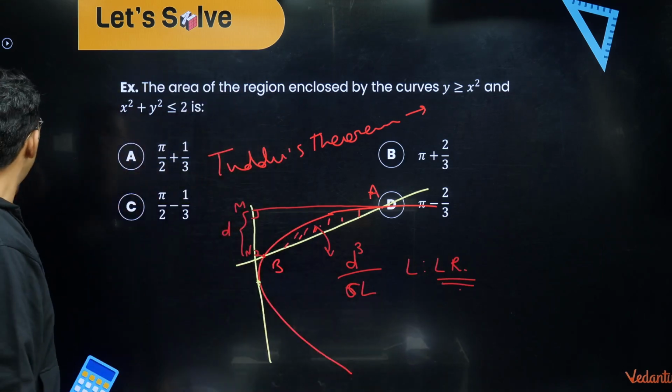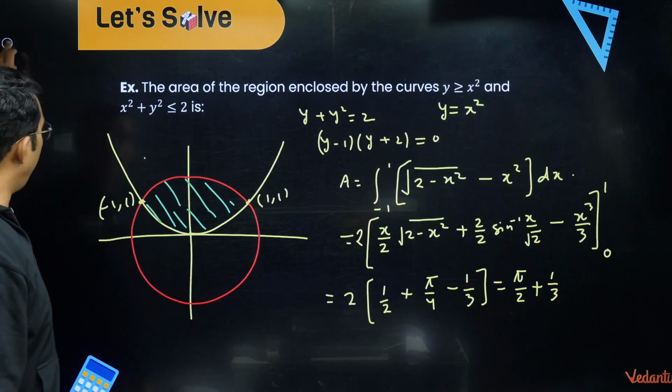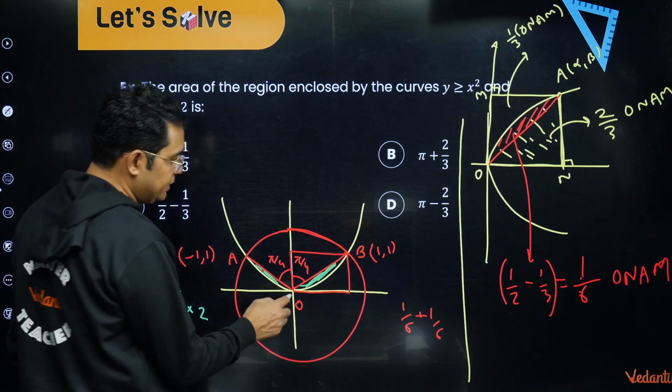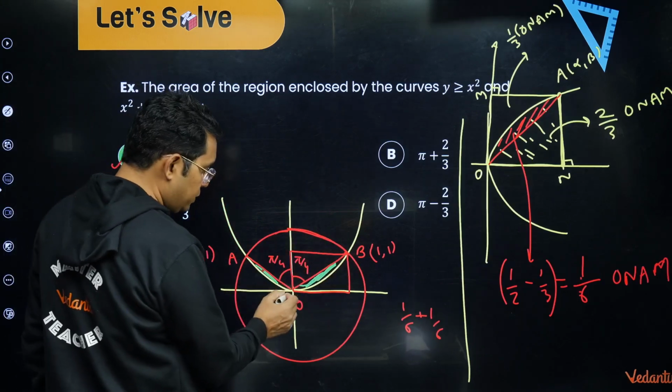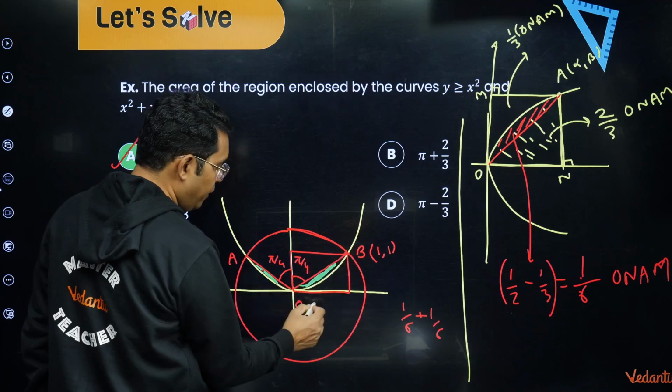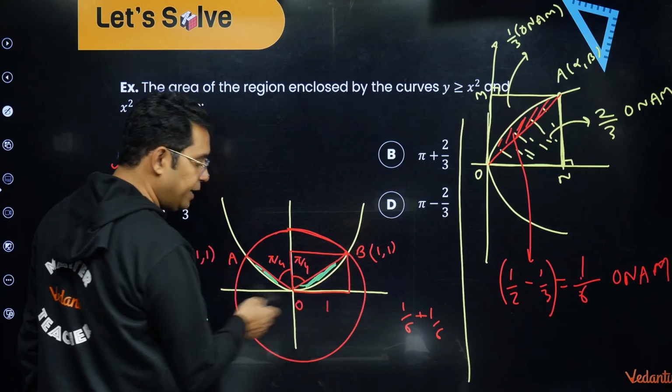From this you can also find the area I was talking about, because in this case the projection of this line OP on the tangent at vertex will be 1 only.